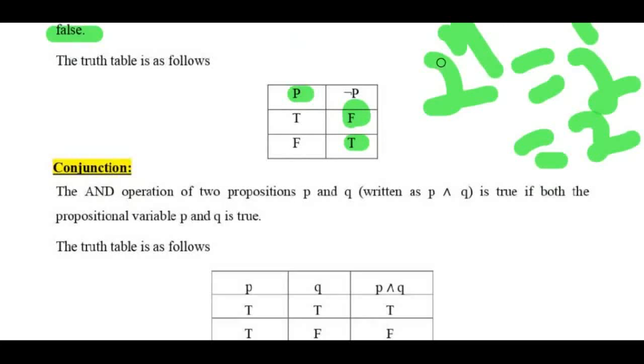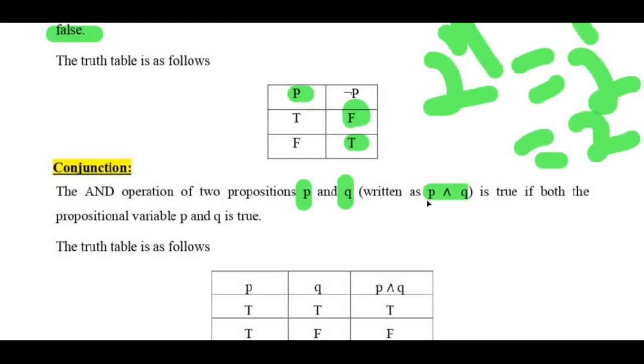I am going to consider one statement as P and another statement as Q. The conjunction connective is: if both statements P and Q are true, then P and Q is true, or else the rest of the cases are false, which means if one statement is true and another is false, then P and Q is false.